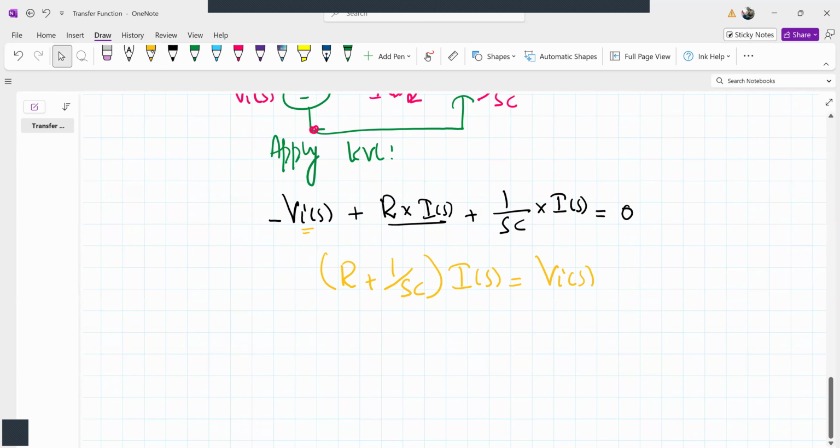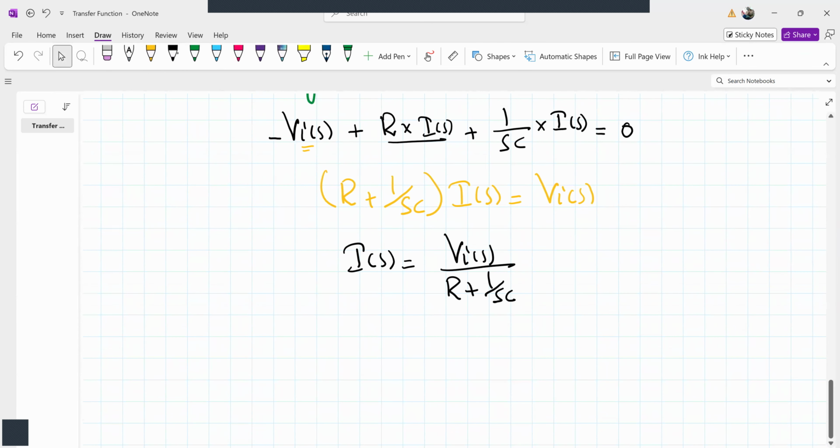So if I take this R plus 1/sC to the right hand side, I get I(s) is simply Vi(s) divided by R plus 1/sC.